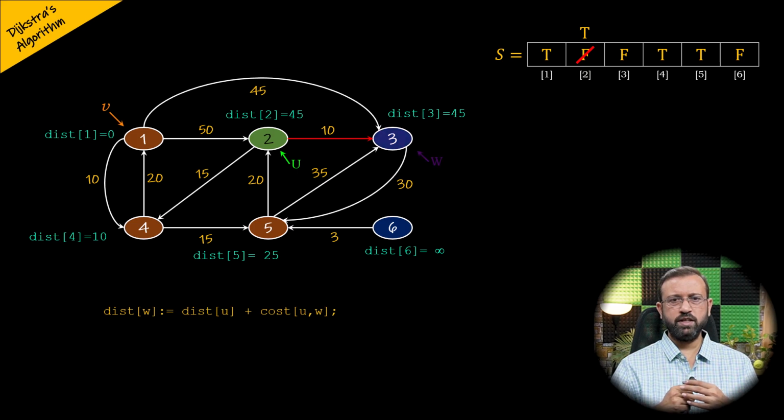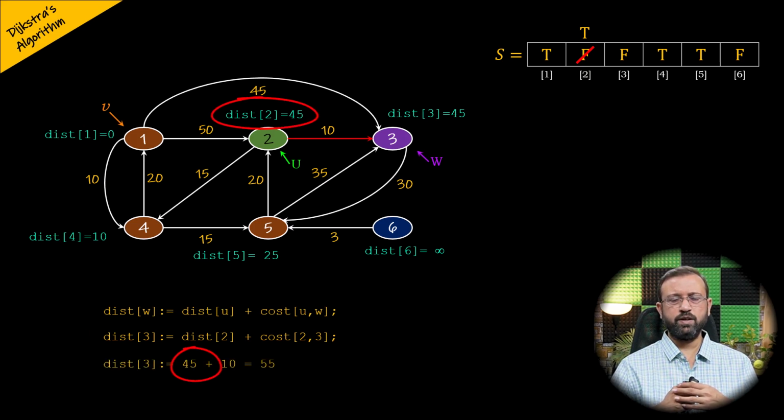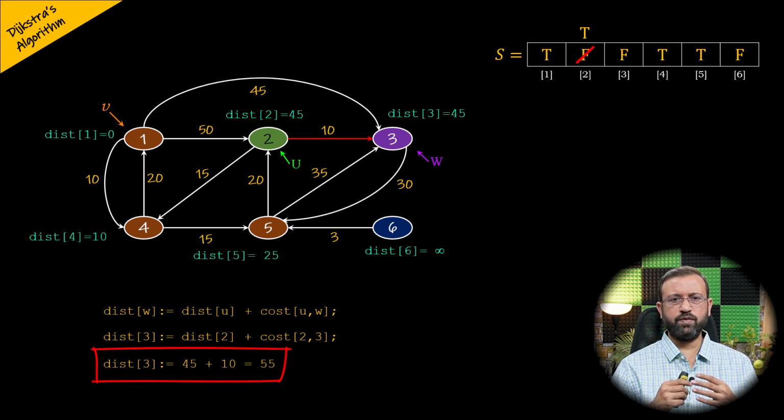So vertex 3 is considered for node relaxation to update the distance. The distance of vertex 3 is distance of vertex 2 plus the cost of the edge between vertex 2 and vertex 3. The distance of vertex 2 is 45 plus the cost of the edge between vertex 2 and vertex 3 is 10. So the distance of vertex 3 will be 45 plus 10, which is 55. Now the new distance of vertex 3 is 55, which is not smaller than the previous distance of vertex 3, which is 45.